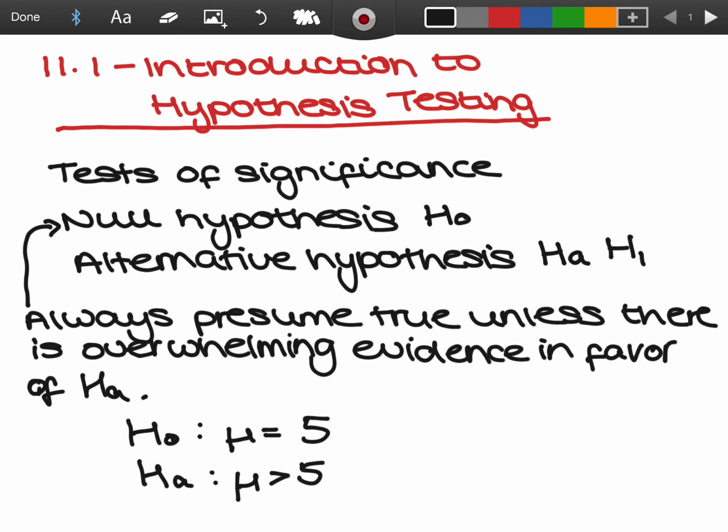You assume that the null hypothesis is true because that's what you've thought all along. But then you conduct one of these tests of significance to see if that is actually true or not. And if we have overwhelming evidence against the fact that this mean is 5, we'll go with what this other person found and we'll go with that alternative hypothesis instead. So we always assume that the null hypothesis is true until proven otherwise.